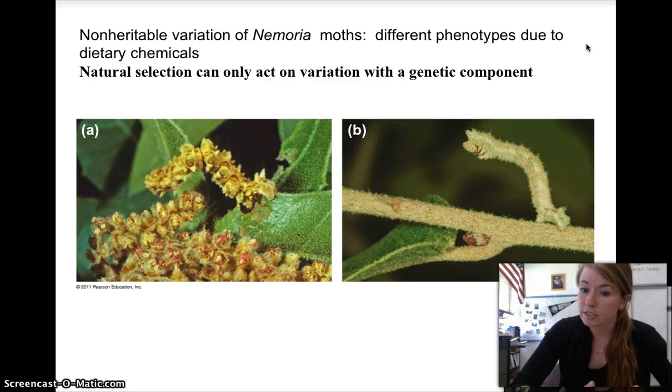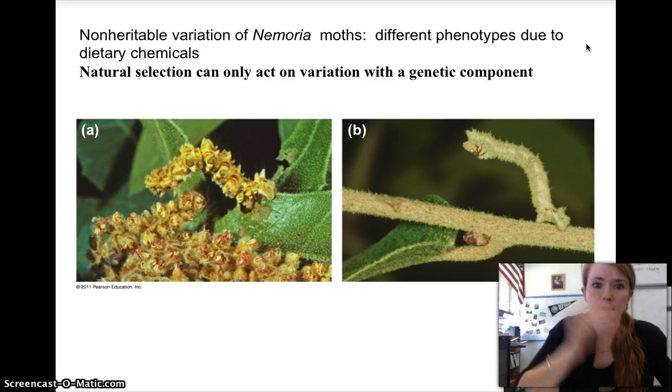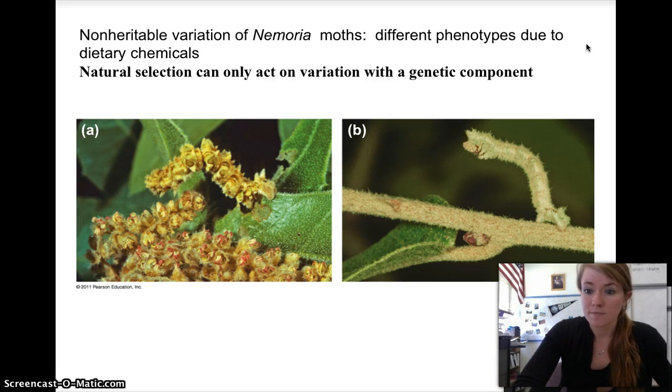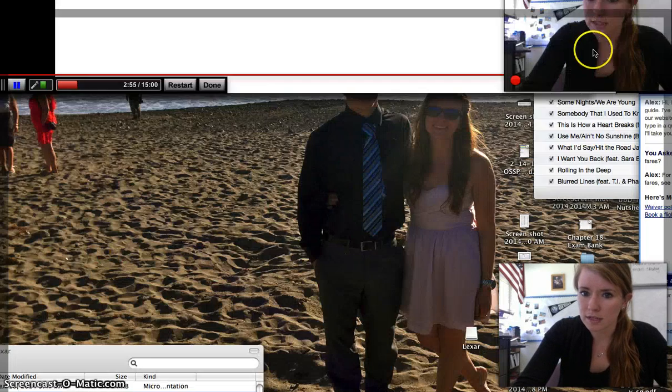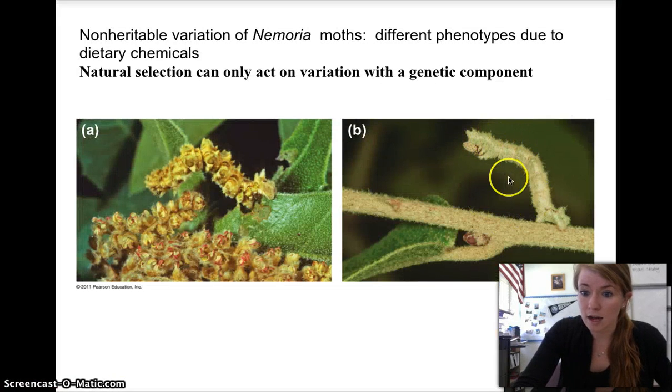There are a lot of characteristics about living things that are not inherited from the previous generation. For example, this is the Nemoria moth, and obviously this one looks a lot different than this one right here. The reason for that is a chemical difference in their diet.